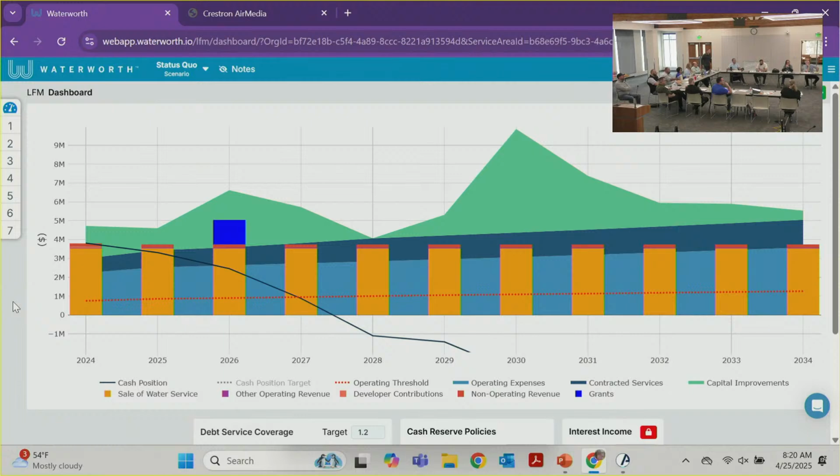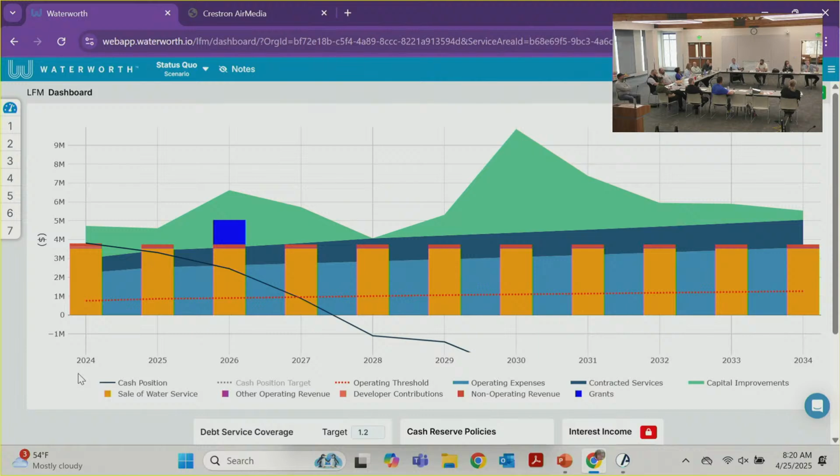So that's taking into consideration our impact fee fund balance right now and our water fund balance right now. So you can see that in 2027, our cash starts to dip below our operating threshold, and by 2028, we're in the negative. So with revenues and cash, we're not covering our operating expenses, capital expenses, and contracted services as it stands today.